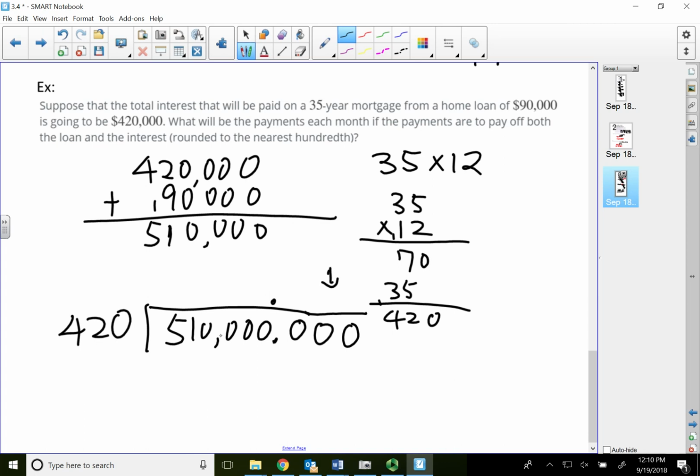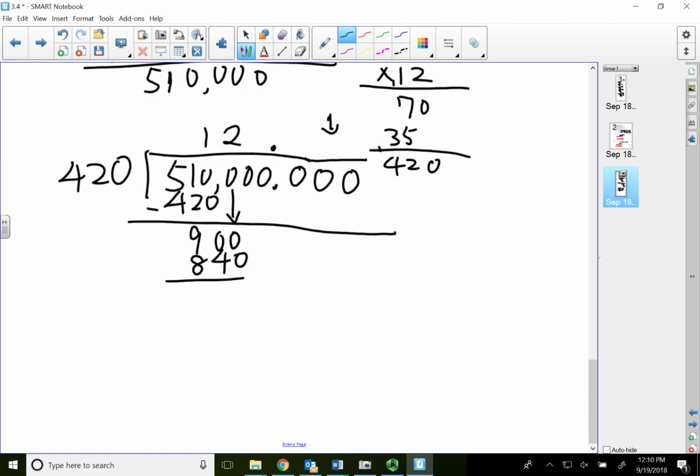All right, 420 going into 510 is about 1 time. Let's subtract, that's 90. Bring down the next 0. That's about 2 times, which is 840. If I subtract, that's 60. Bring down the next 0.